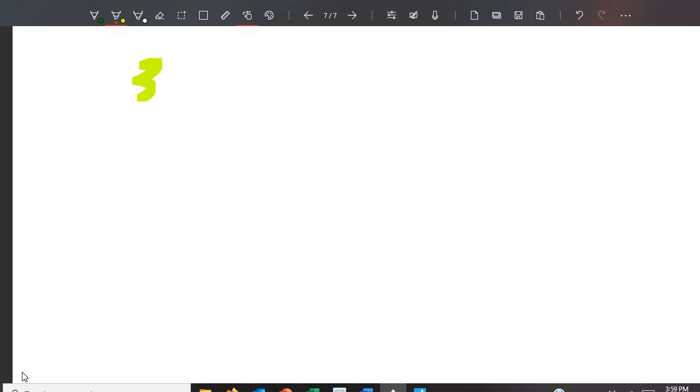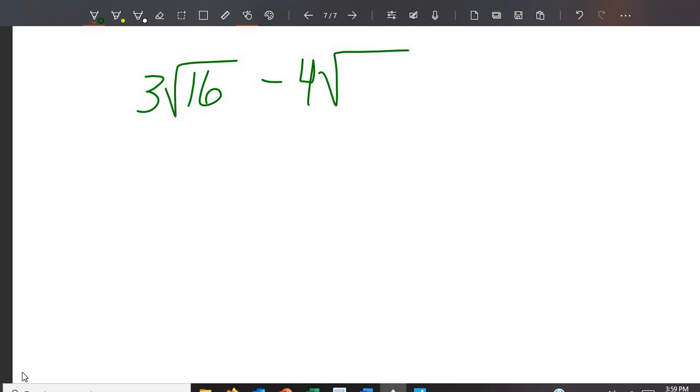Let's do one that's got a cube root. So let's do 3 times the cube root of 16 minus 4 times the cube root of 54. Now, we've got to know our cubes.